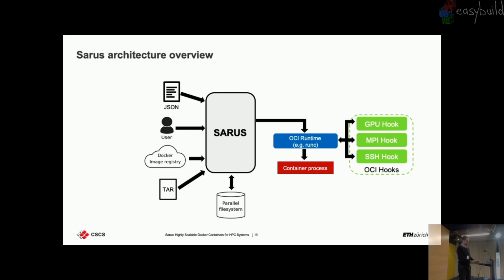And then it communicates at runtime with the OCI hooks in order to get the host libraries, or the runtime NVIDIA CUDA driver, the MPI library of the host, and all these hooks will be shown in a bit more detail in a while.